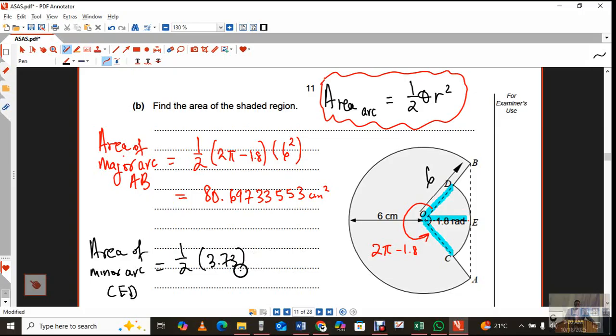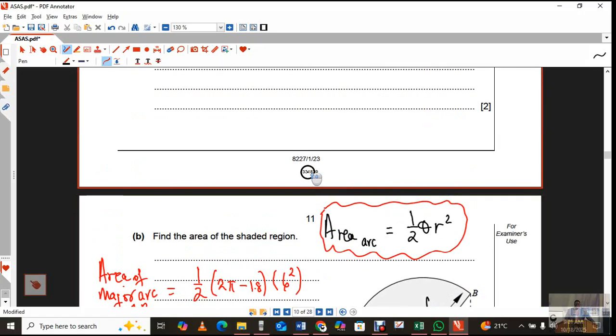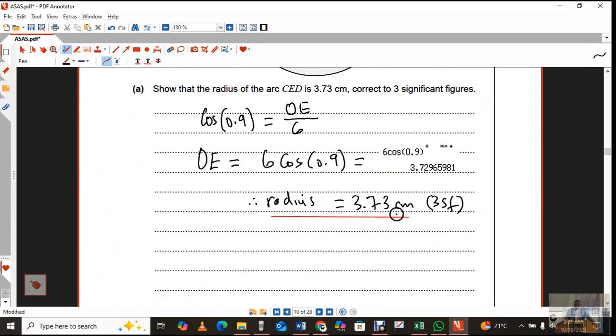Well, we just calculated the radius, from before it was 3.73. So just write it nicely, don't get confused, using the formula. My angle is 1.8 radians, and my radius was 3.73, squared. That was given to us, and that is what we proved also in the previous question.